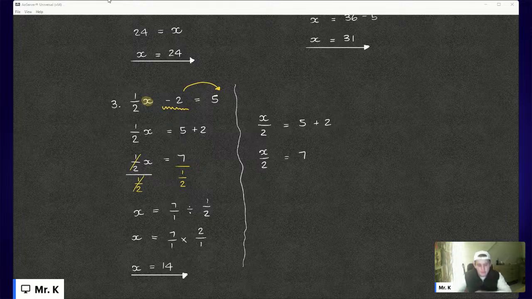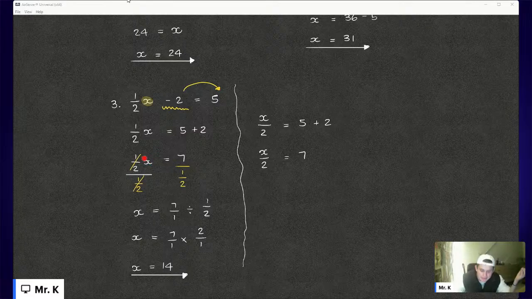Right, so what I was essentially saying, I'll track back just a few seconds. On the left-hand side over here, if we have a half multiplied by x, the way we get rid of that half that is being multiplied is by dividing, right? So I would divide by a half on both sides of my equation.